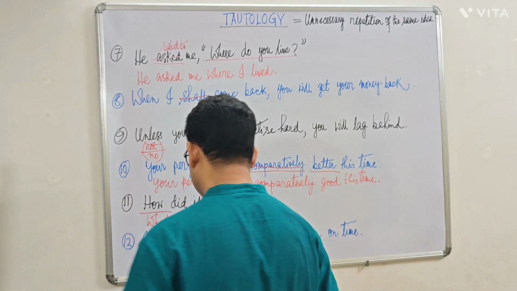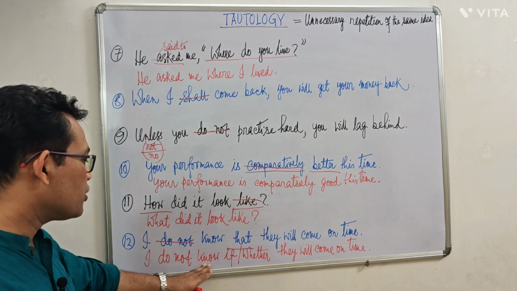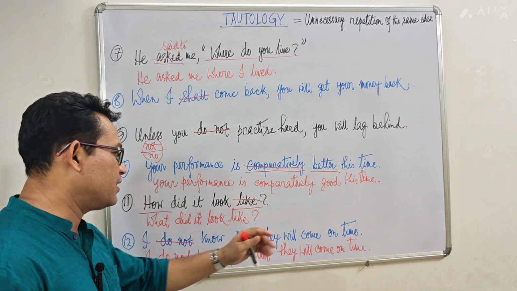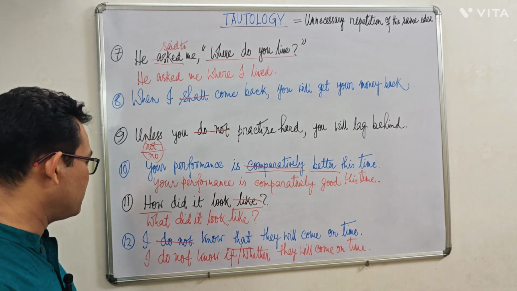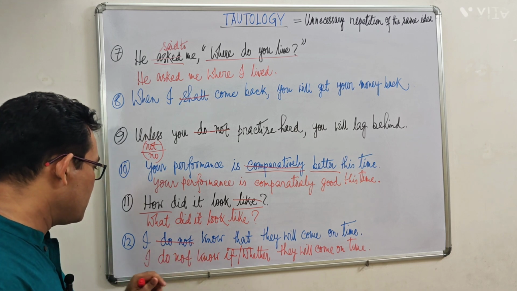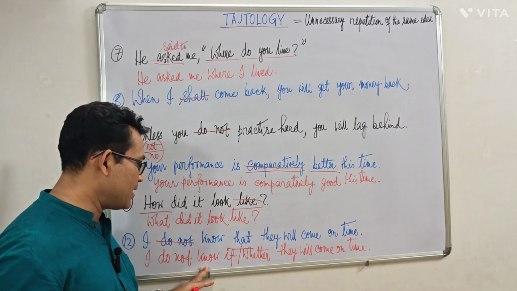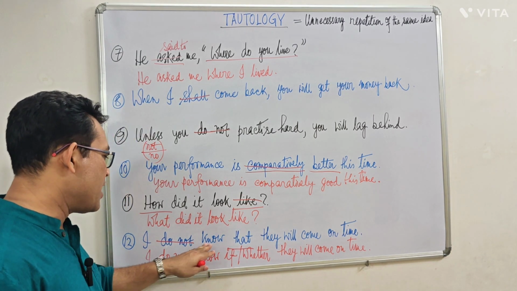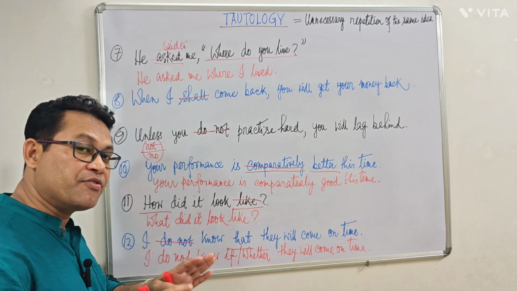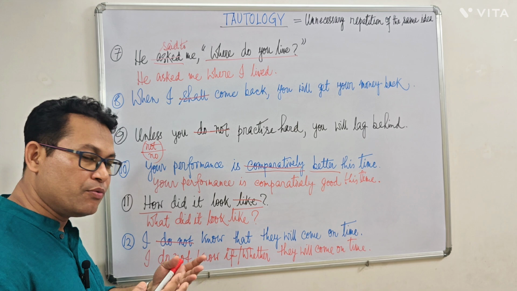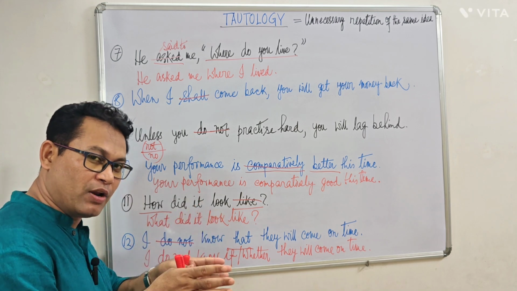Take for example, I do not know if or whether they will come on time. That means, look at the difference in the principal clause. I know, I do not know. We can get principal clauses like I know, I am aware, I heard, I found out, I knew, all this. So that means my knowledge.